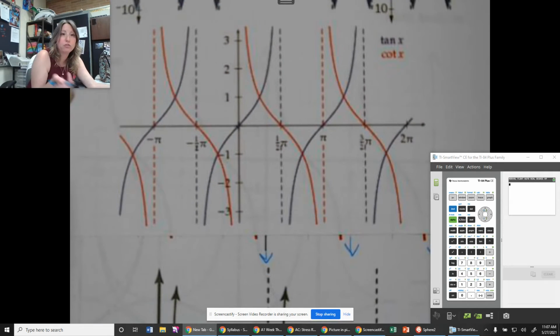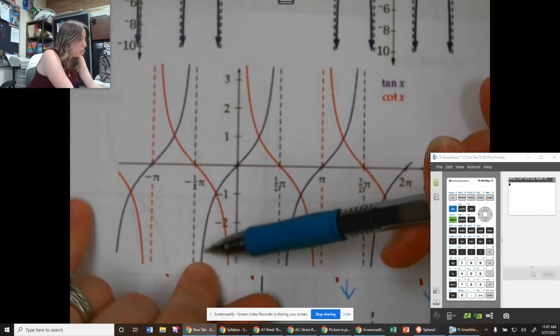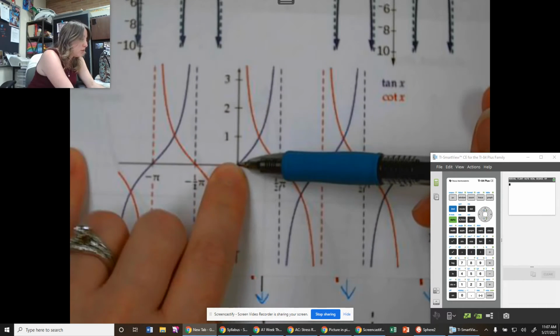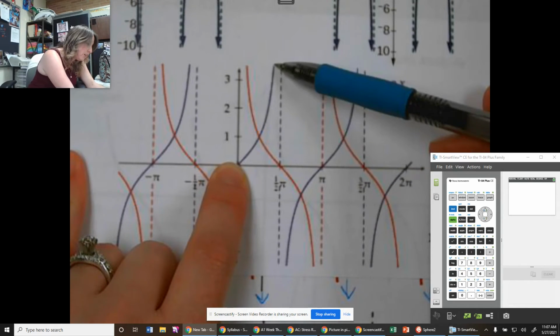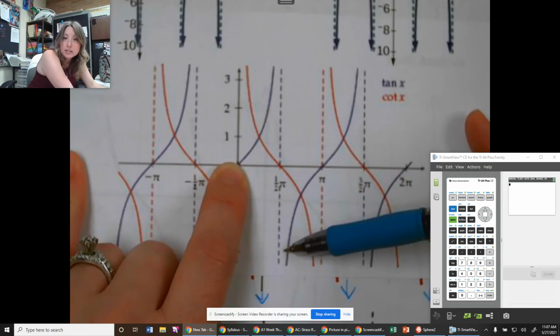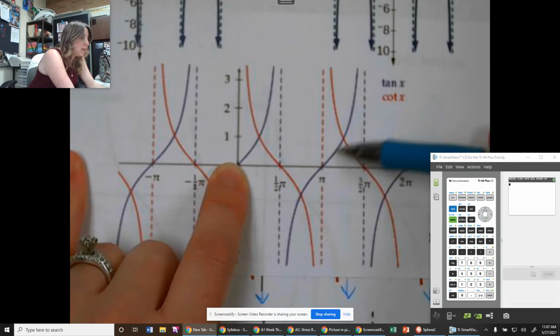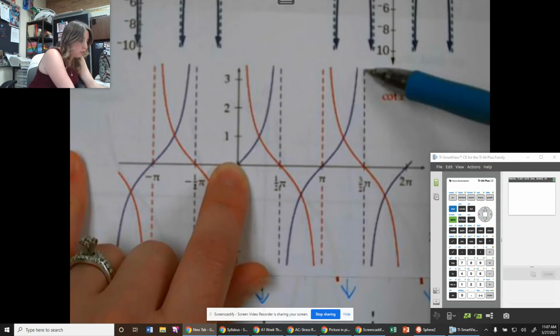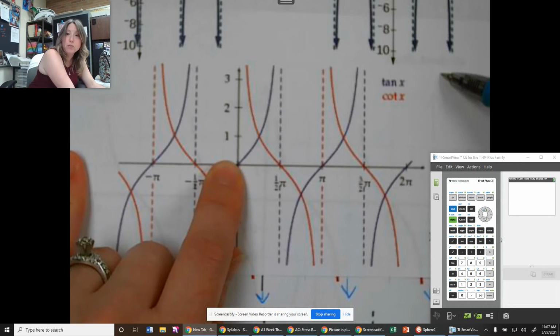Okay, so back to that sheet from before. My blue is my original tangent function starting at 0, heading up to 1 at 45 degrees, and then continuing towards the asymptote at 90, right? And then here's your 0 at pi at 180, and there's your other asymptote at 270, and then of course you're down here in your negatives, heading back up to 360 and starting the cycle over for tangent.